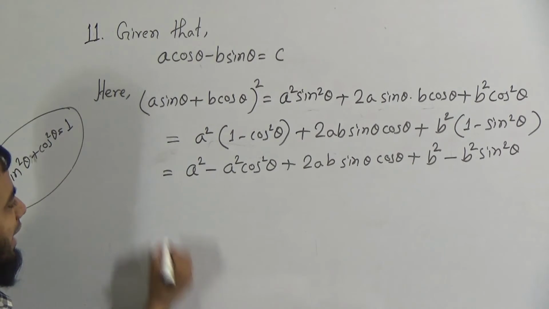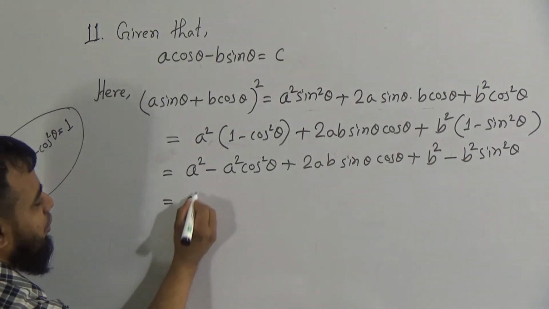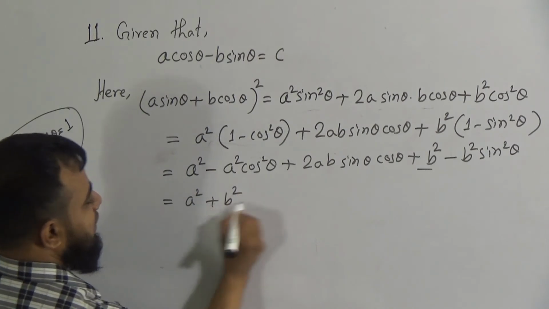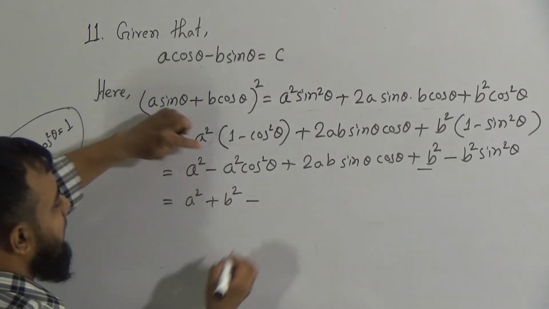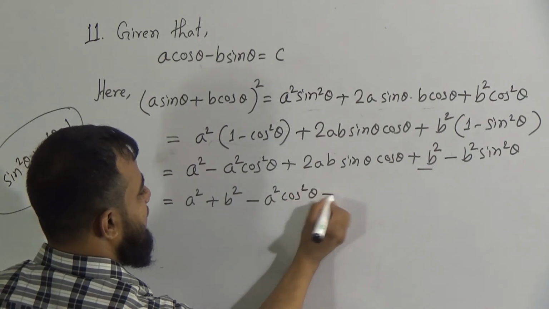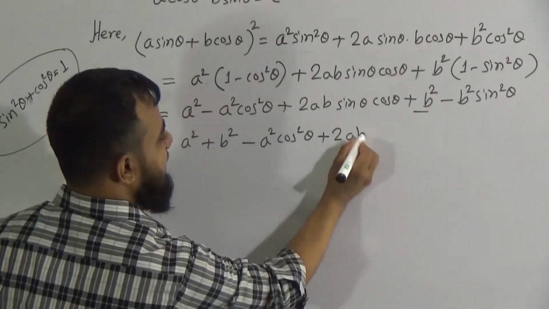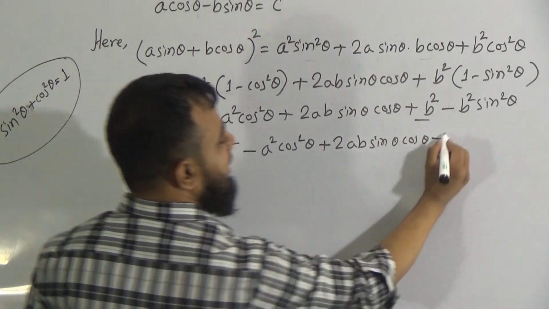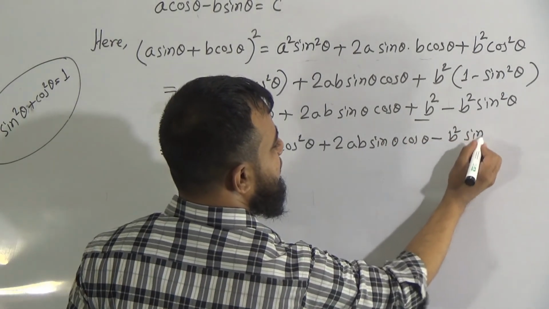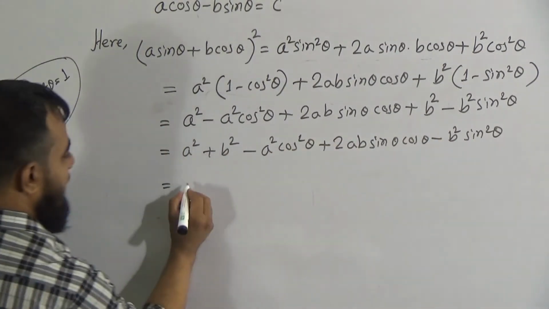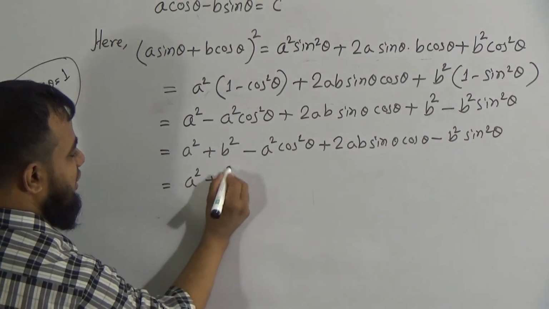Okay, now arrange these: a square plus b square minus a square cos square theta plus twice ab sin theta cos theta minus b square sin square theta. Now students, a square plus b square remains unchanged.